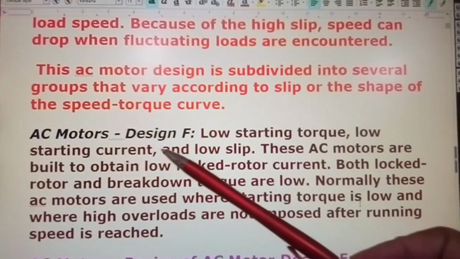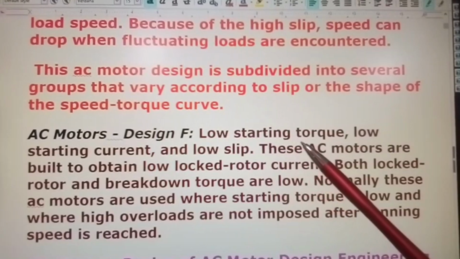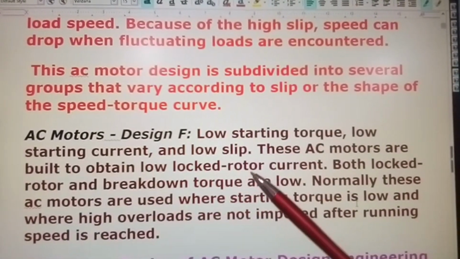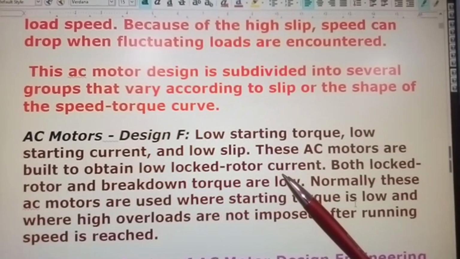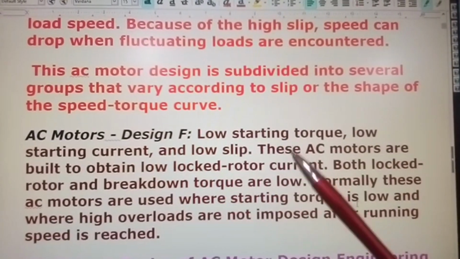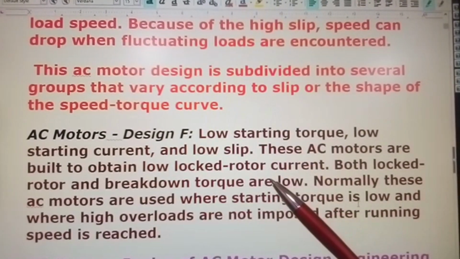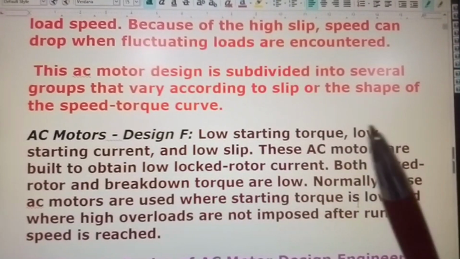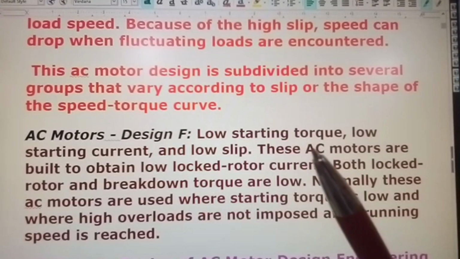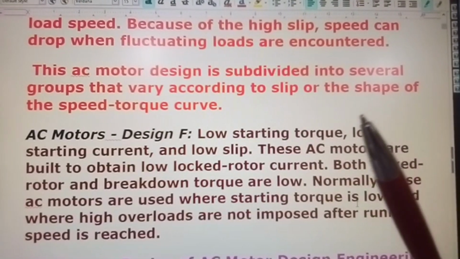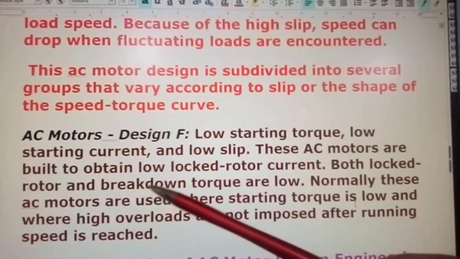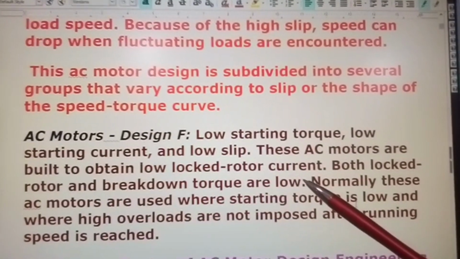The AC motor design F, low starting torque, low starting current and low slip. Now on average you normally have a 5% slip, roughly, but don't hold me to that because that can change depending on the type of motors you are working with. These AC motors are built to obtain low locked rotor current.